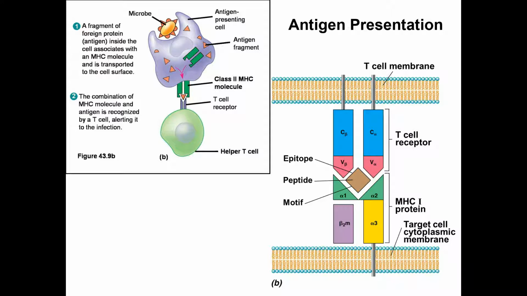Alright, so here you're being shown in a little bit more detail antigen presentation and the interaction between helper T cells and MHC class 2 surface receptors, and MHC class 1 and cytotoxic T cells.